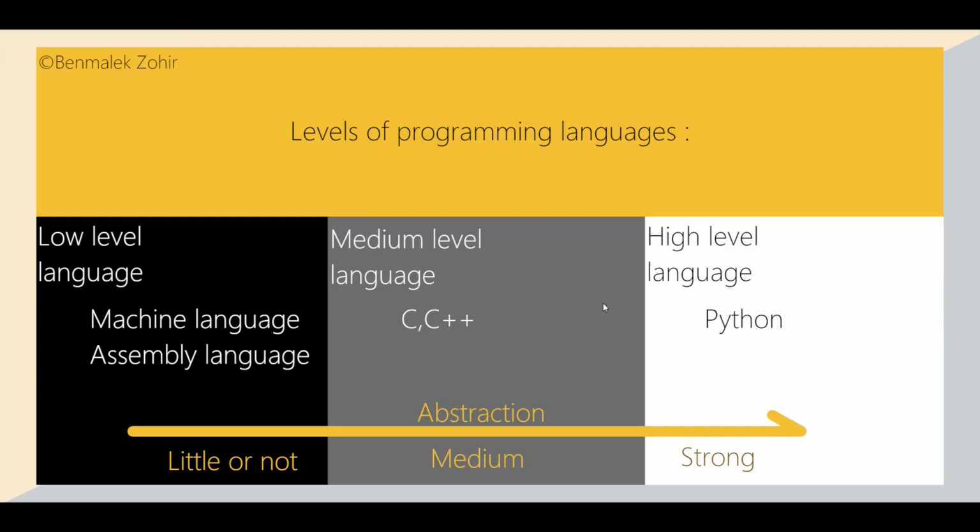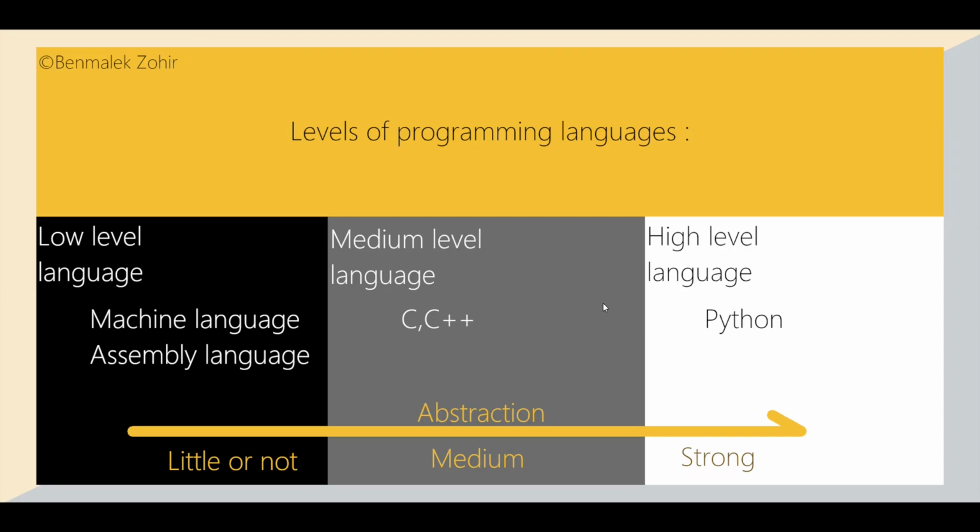We didn't put them on the low level because there are functions on the medium level. The use of functions and object-oriented programming are on the medium level. So there is an abstraction there, and this is why medium-level languages have a medium abstraction.